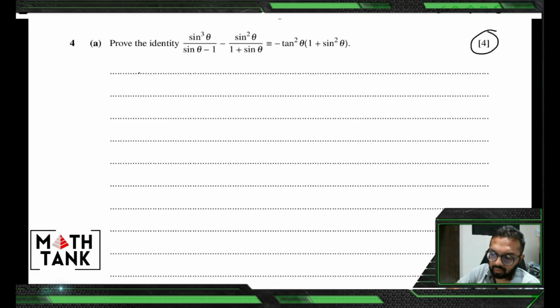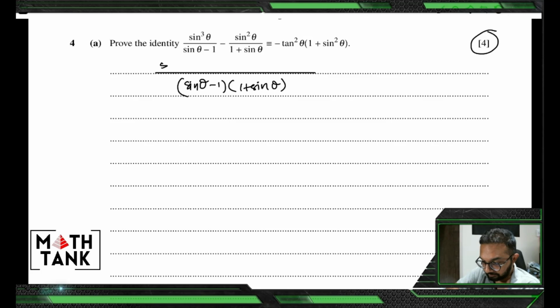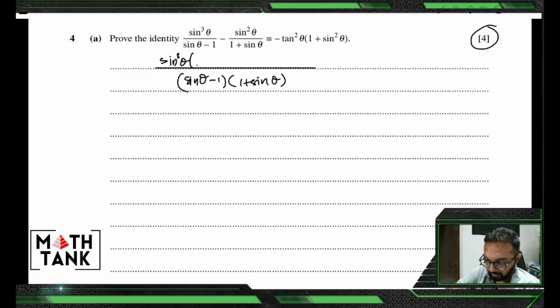So what I start off with is this: I'm going to take a common denominator. I'm going to say sine theta minus 1 into 1 plus sine theta, and then I'm going to try to compress it into that form. So sine cube theta into 1 plus sine theta, and sine square theta into sine theta minus 1.